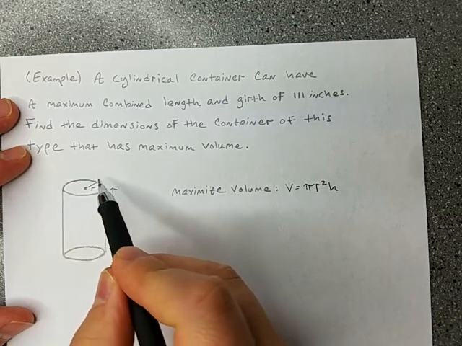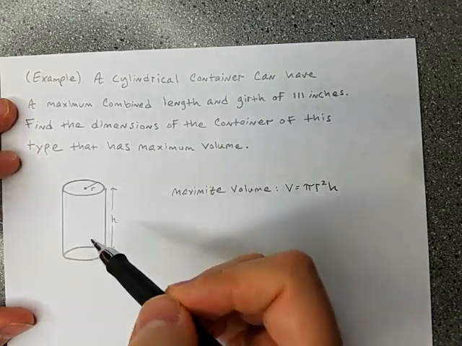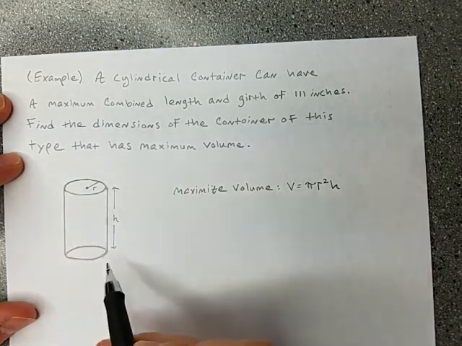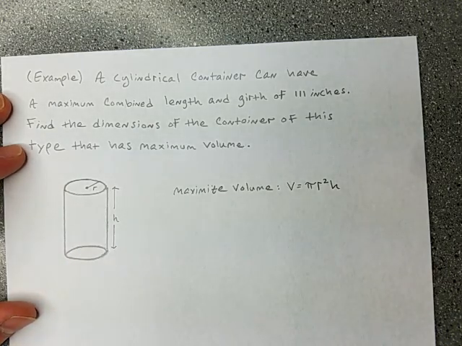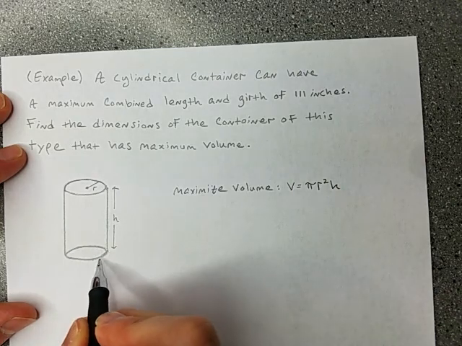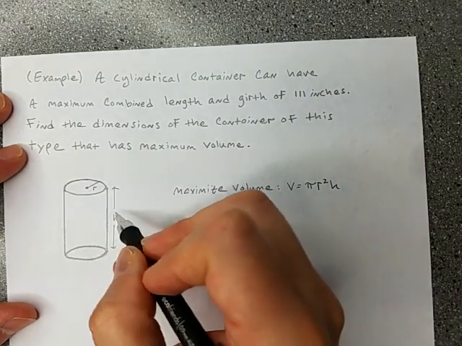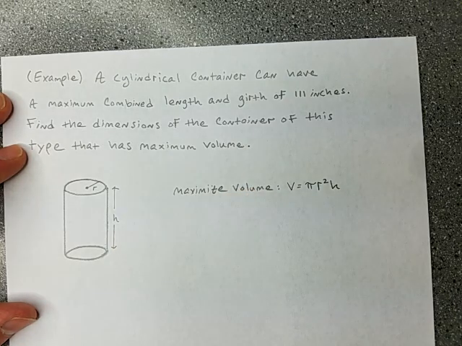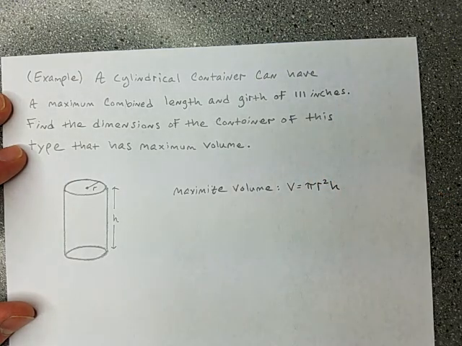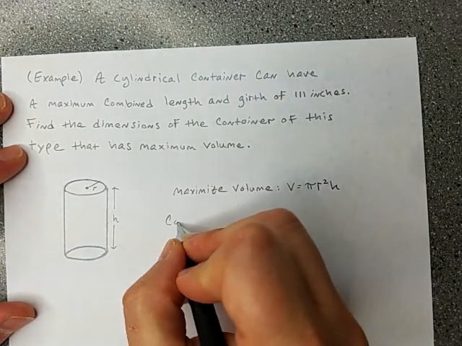R is the circular radius, being that this cylinder has circular cross sections. The top's a circle, the bottom's a circle. It's like a can, in other words. So pi r squared would be the area of that circular top or bottom, and then times the height gives me the volume. So I want to maximize the volume. And it says that the combined length and girth has to be 111 inches. So that will be my constraint.